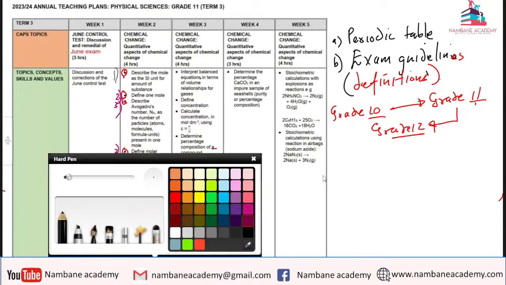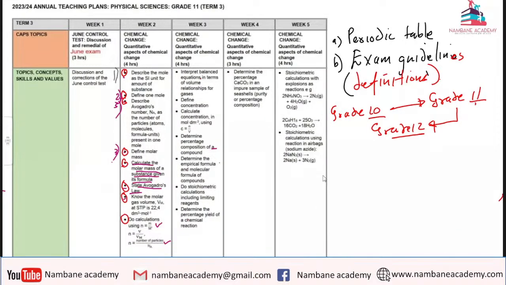Because we are also expected to perform certain calculations that relate to concentration, calculate concentration in mole per decimeter cubed, determine the percentage composition, empirical formula and the molecular formula, do stoichiometric calculations, including the limiting reagent. So for today, we are not going to do limiting reagent.